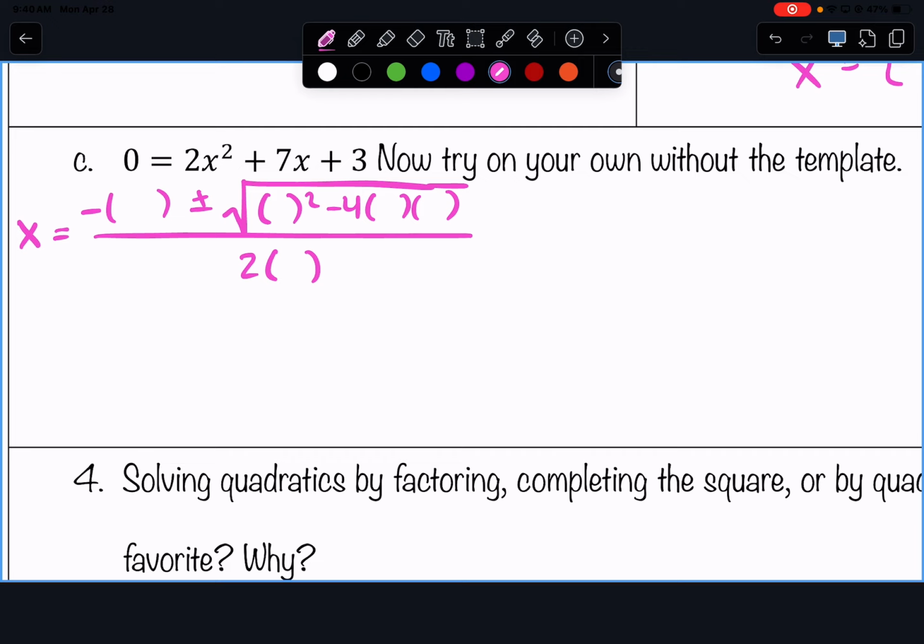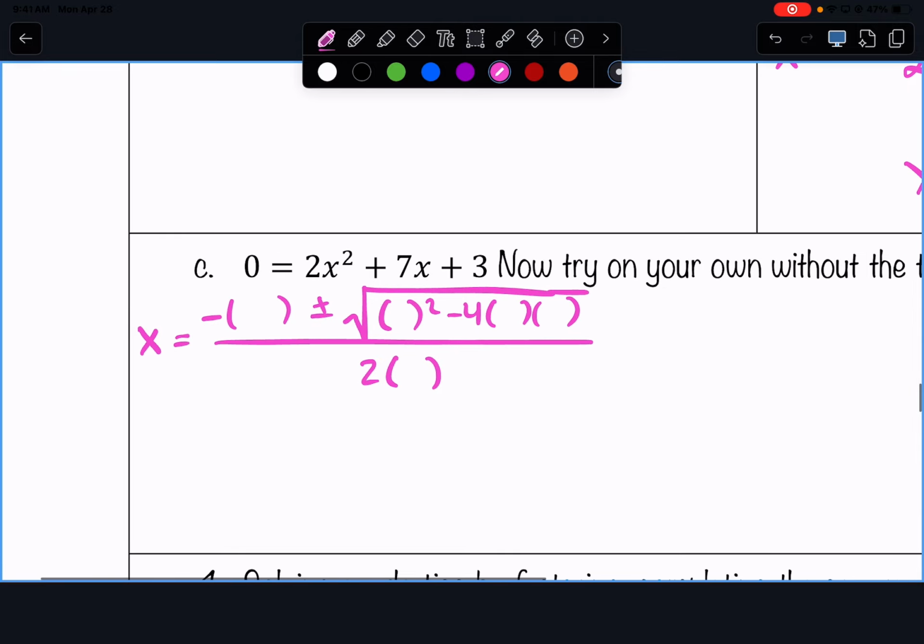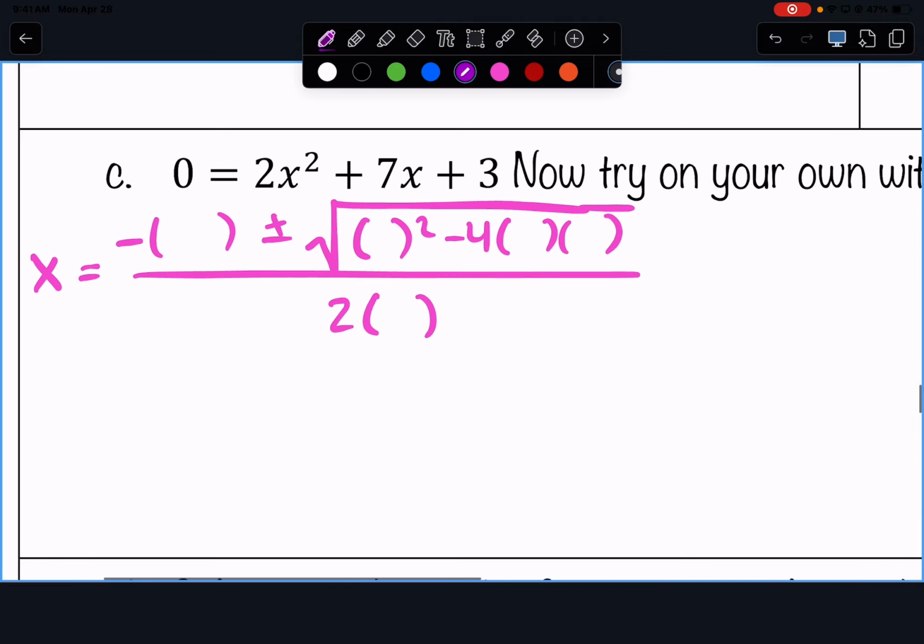I know. One last question. What is 7 squared? 49. All right, so what should we plug in first? 7 and 7.